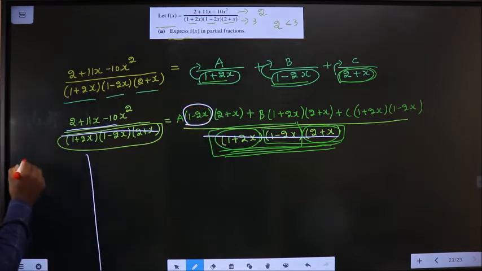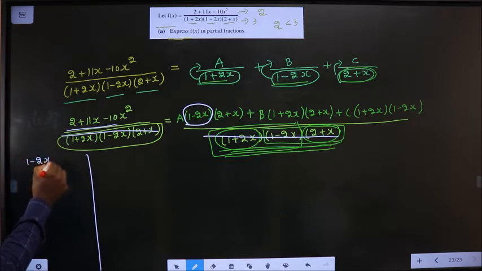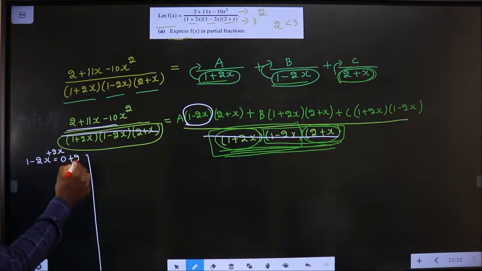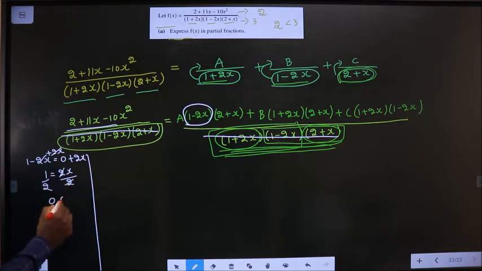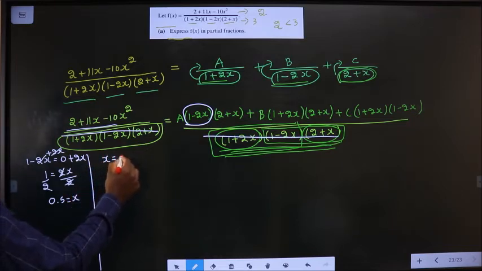So that is 1 minus 2x equal to 0. Now add 2x on both sides. So 1 equal to 2x, now divide by 2. So 0.5 is equal to x. So I start with x equal to 0.5.